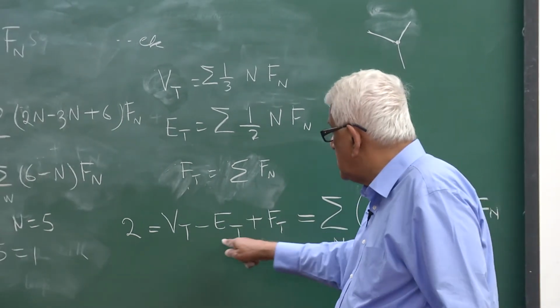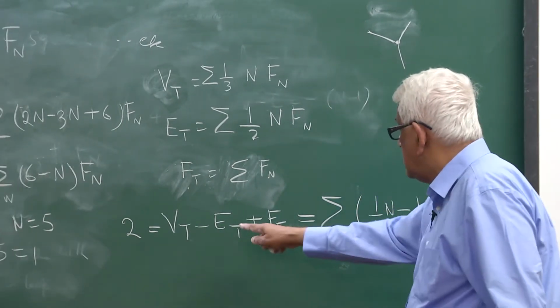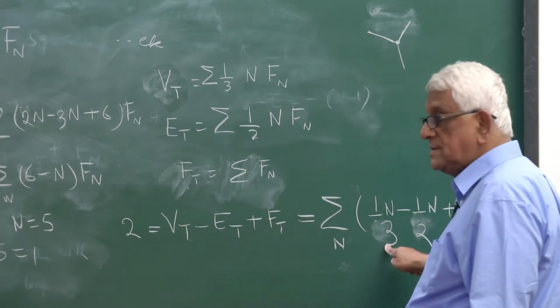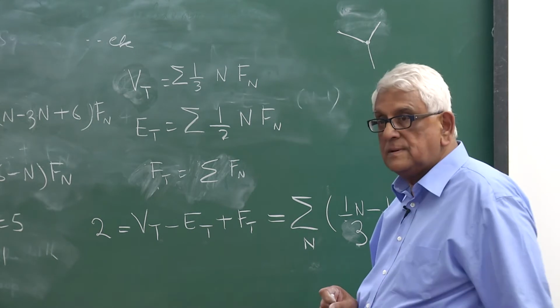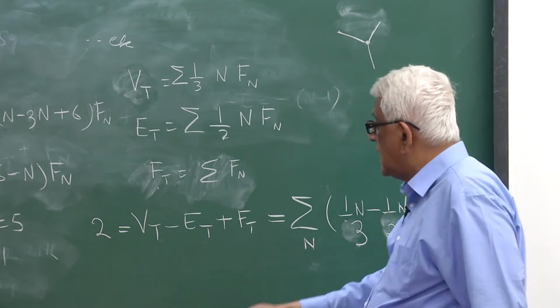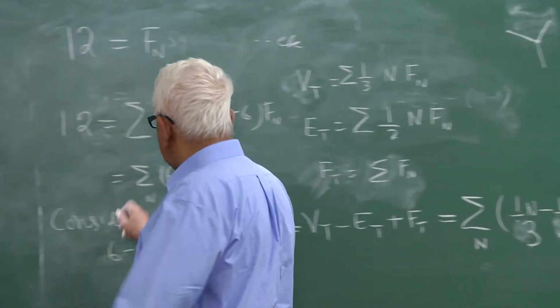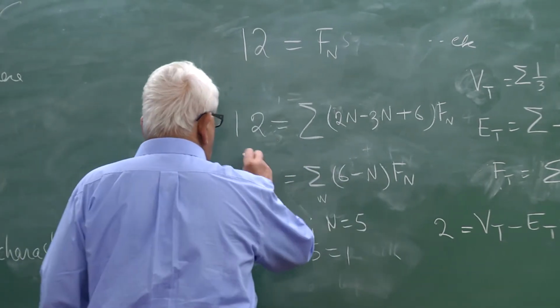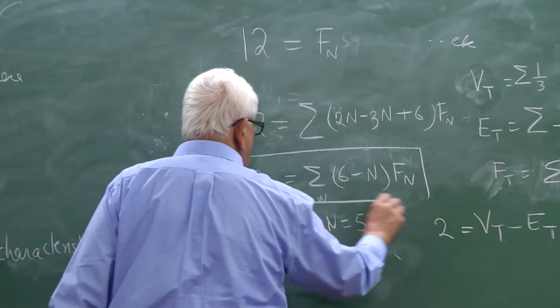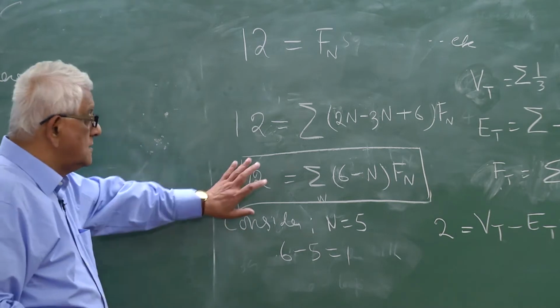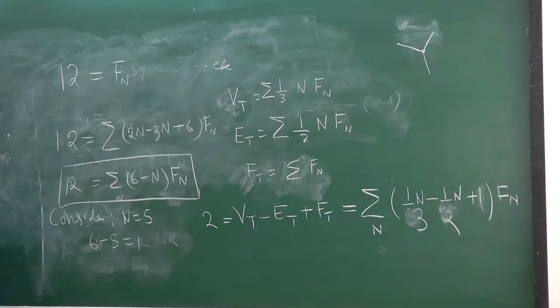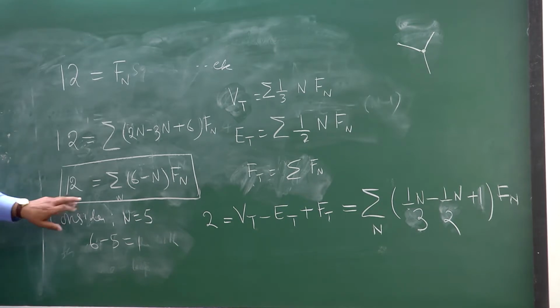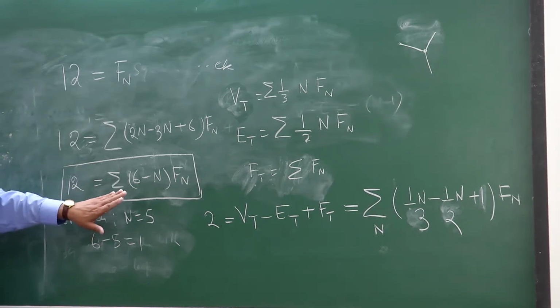So now V minus E plus F: vertices is this 1/3, edges is this, and the faces is this. When I do that, I get this formula. It tells you that if you glue 3 edges together to close the thing, then this condition has to be present.